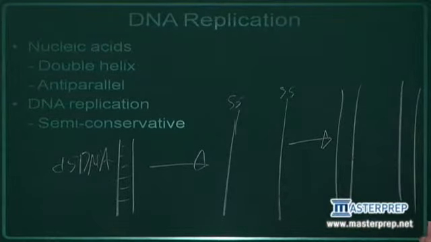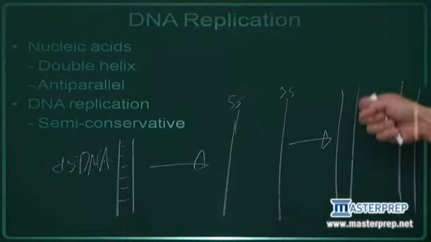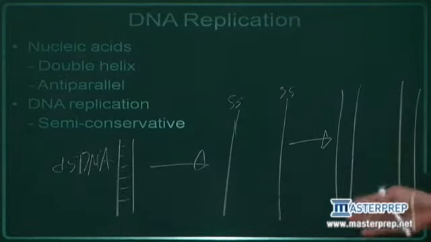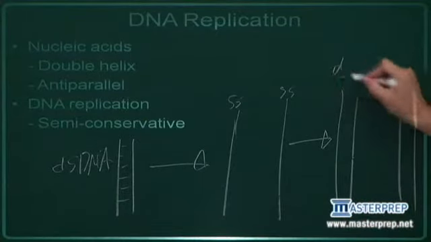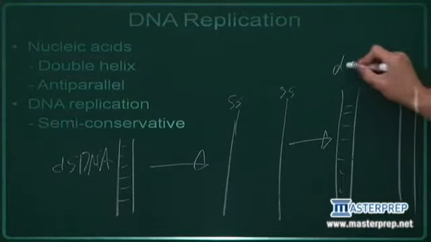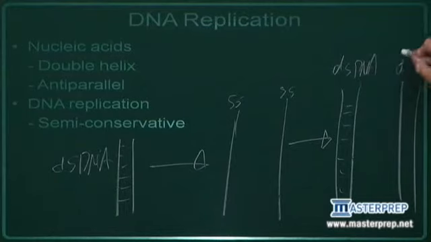Each single-stranded DNA can get complementary base pairs laid down according to its sequence, so you can make 2 complete double-stranded DNA, which are exactly the same.